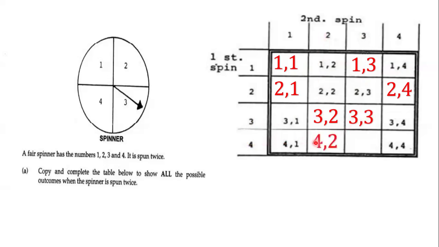The first time we spin it, it lands on 4. The second time it lands on 2. And this one is going to be 4, 3. So the first time we spin it, it lands on 4. The second time we spin it, it lands on 3. And so this is going to be the completed table, which shows all of our possible outcomes.